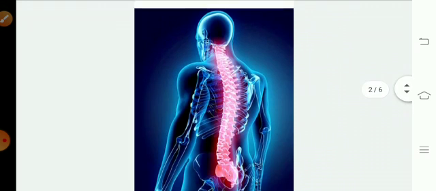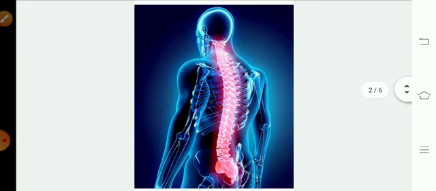The spinal cord is the bundle of nerves that connects the brain to other parts of the body. It extends from the medulla to almost the end of the spine. It is surrounded and protected by the backbone.